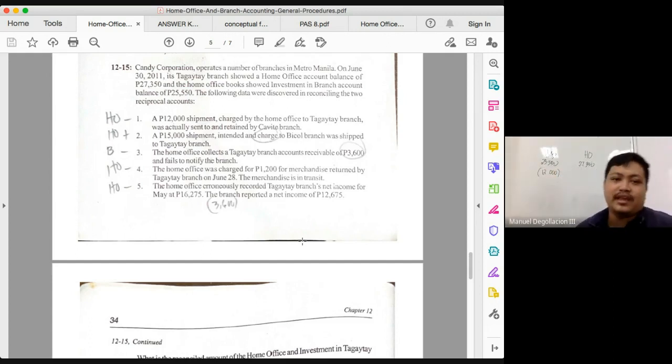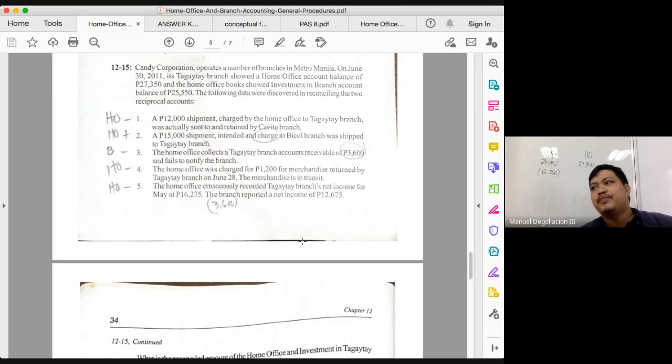But what will the branch do here? What will the Nova branch do here? It will do nothing plus because it did not prepare any entry for the shipment and it is not supposed to make any entry because the shipment did not ultimately go to the Nova branch. Who is supposed to prepare an entry class?